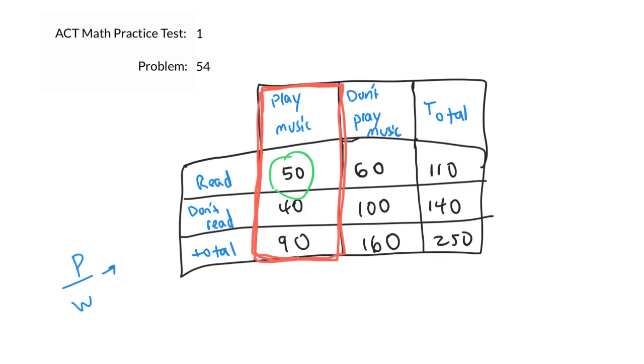You can also think of it as desired over possible, but it really works in both ways. So this would be 50 over 90, which reduces to 5 over 9, and that is G. So that's the probability, given that we're looking at this column.